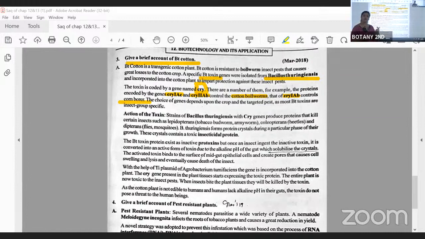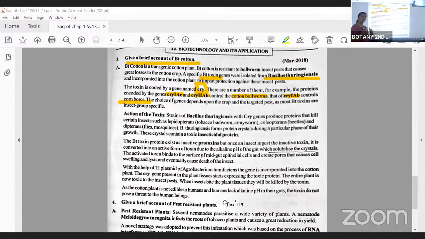Once it goes into the gut of the insect, gut meaning the neck portion, the starting of the neck area from the mouth, it starts solidifying with the alkalinity of the gut area. That is, it solubilizes, meaning it solidifies into crystals, and starts making itself as crystals.